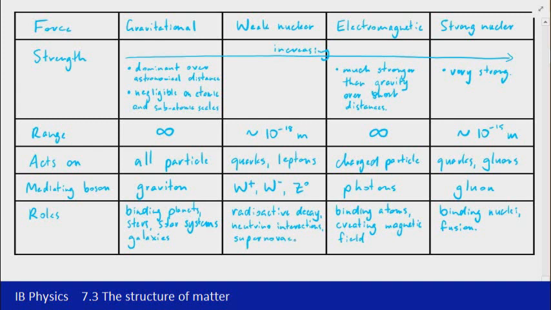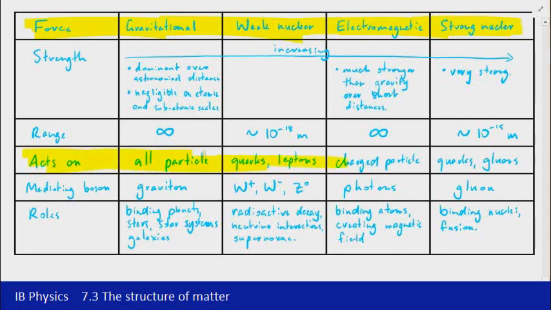So there's the summary of the fundamental forces, some of their properties, some of the important aspects to consider, what they act on, mediating bosons, and so on. If you look in the data book, you'll notice that some of that is already included. If I go through and highlight the top row, it indicates what each of the forces are, and also what the forces act on.